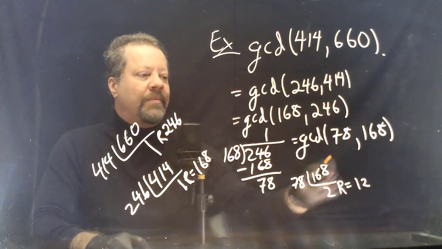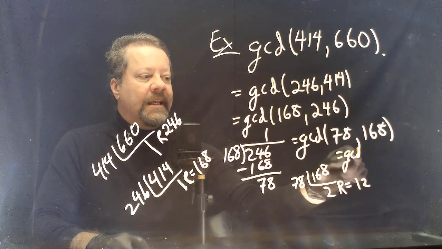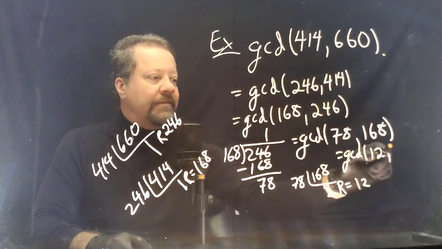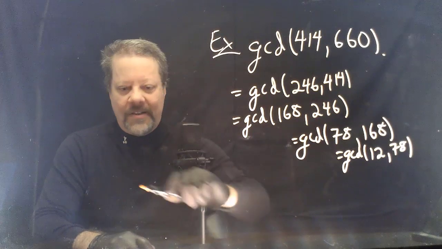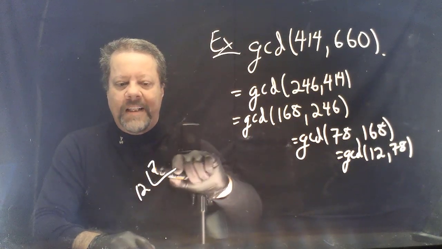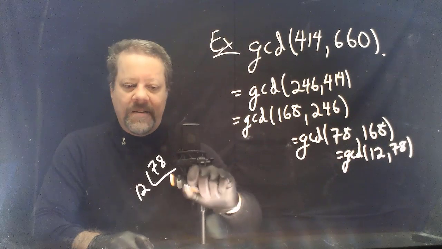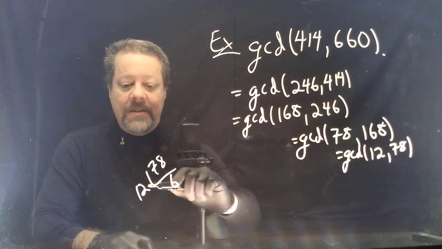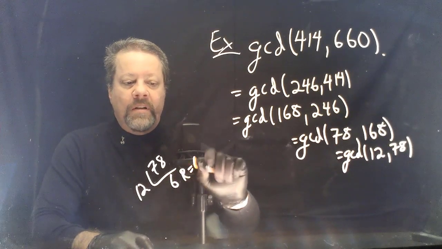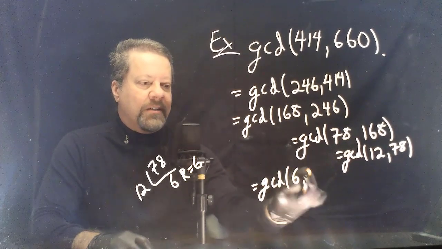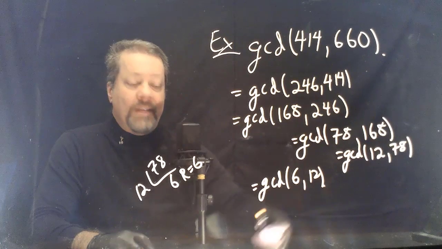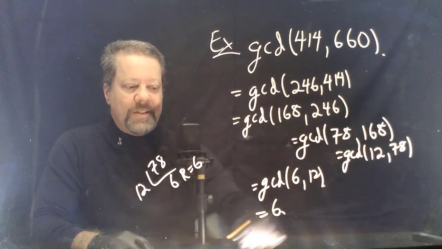And so we'll get the GCD of 12 and 78. So how many times does 12 go into 78? It goes in there 6 times. I mean, 60 and 12 is 72. The remainder is 6. So we get the GCD of 6 and 12. 6 goes evenly into 12, so the GCD will be 6.